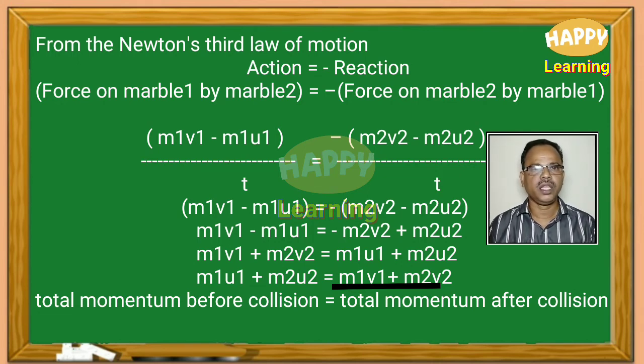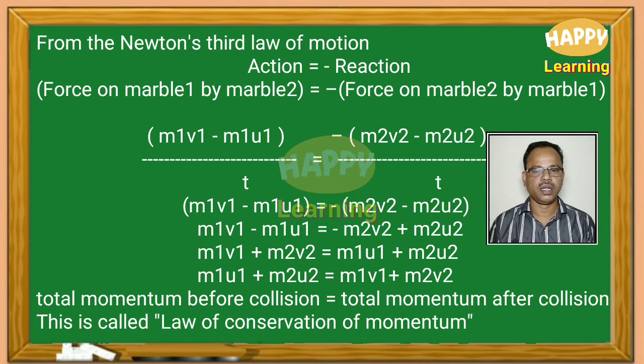After collision, the momentum of the first marble is m1v1 and of the second marble is m2v2. So m1v1 plus m2v2 is nothing but the total momentum after collision. This is called the law of conservation of momentum.